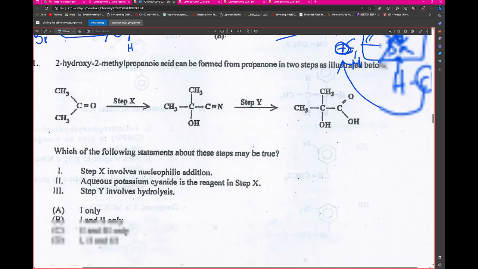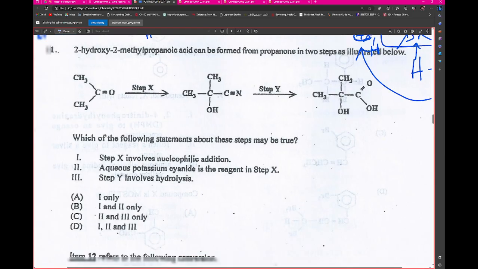2-hydroxy-2-methylpropanoic acid can be formed from propanone in 2 steps as illustrated below. So it's simple, right? Which of the following statements about these steps may be true? Step 1 involves nucleophilic addition. Is that true? True.